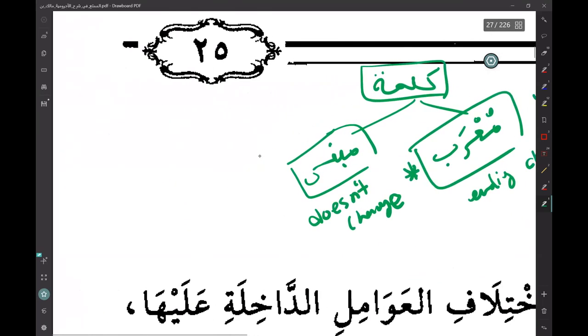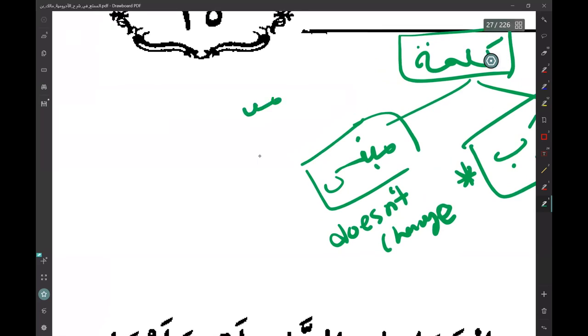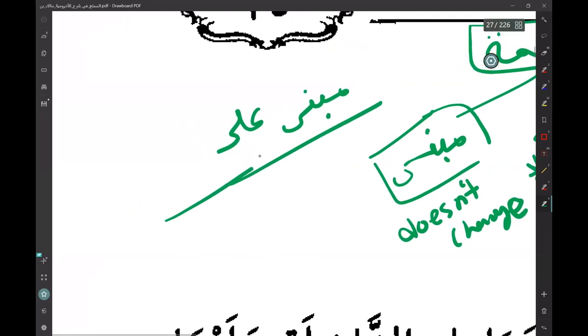But in the mu'rab, the grammarian also wants to know what it's ending on. It's mabni on what. So you'll hear the concept mabni ala. This is something that you have to know, otherwise you will not understand what they're saying. They are interested in what the ending is, it is mabni on what.